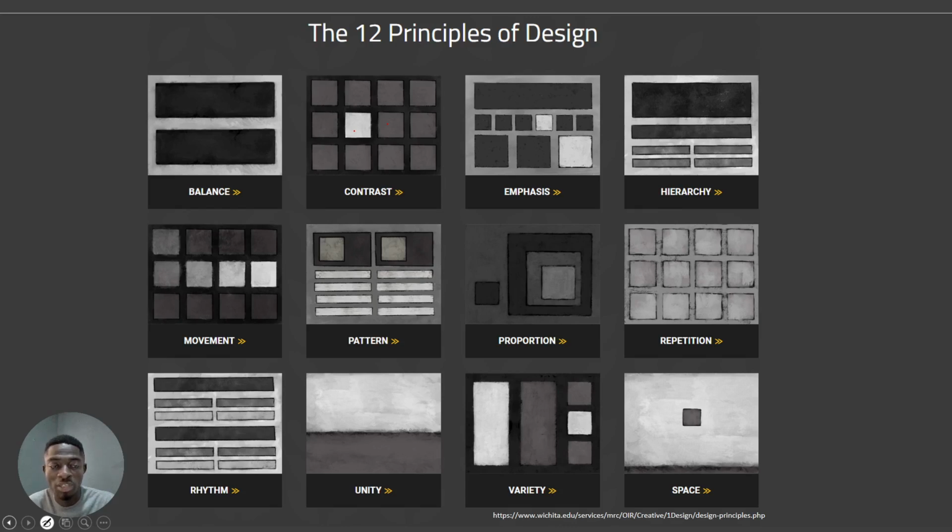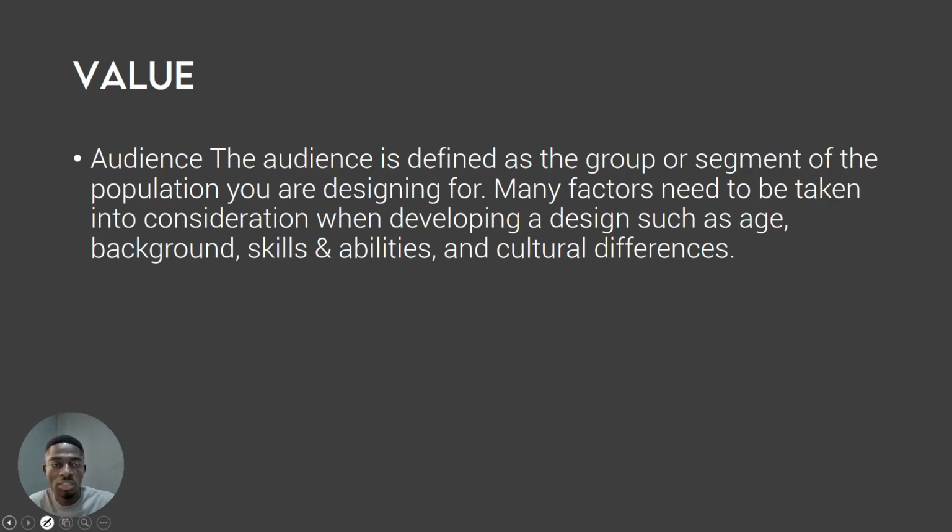Hierarchy is very important because that's what most of us get wrong and our designs are lacking. And we will come to hierarchy. With hierarchy, you can start by just using grid lines, and the grid lines will help you a lot. You have movement, pattern. You've spoken about proportion, repetition, rhythm, unity, variety, and space. Next, there's also value.